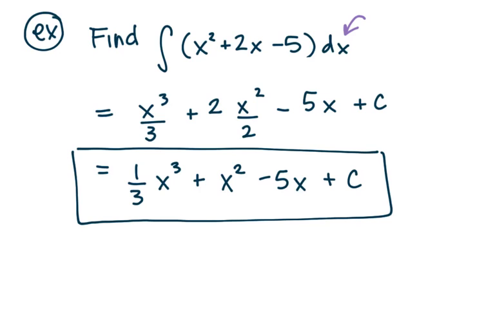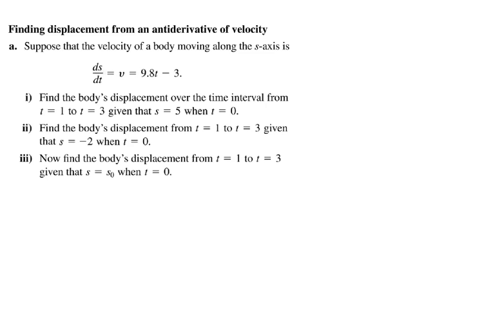So we have one more problem in this unit, and we're going to deal with an initial value application problem. So we want to remember some previous knowledge, right? All math builds.